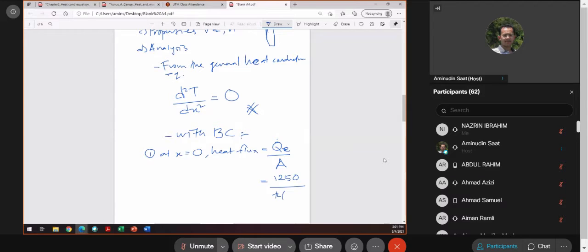So basically 0.2 to the power of 2, not 4, to the power of 2 divided by 4. And with this you will get some value of the heat flux.